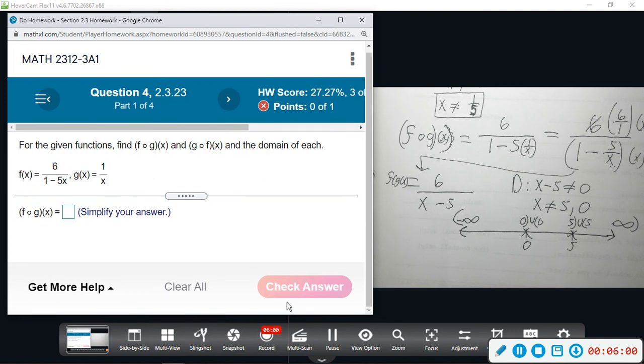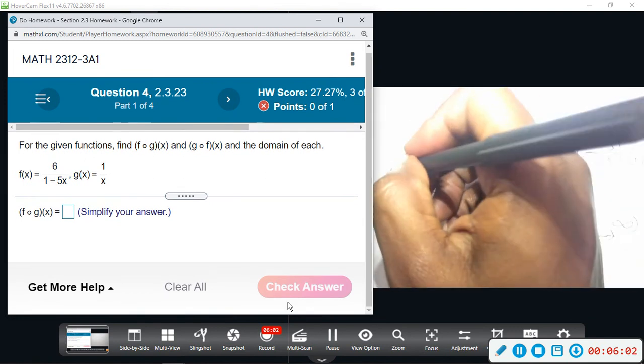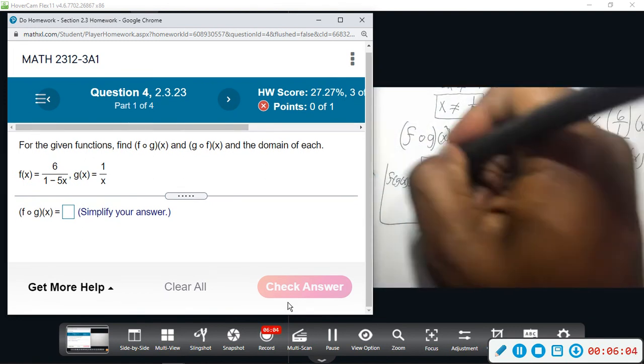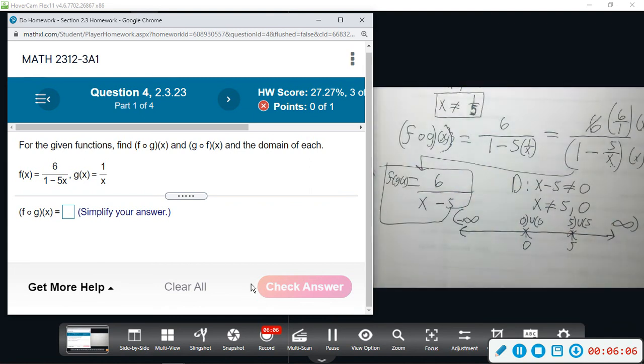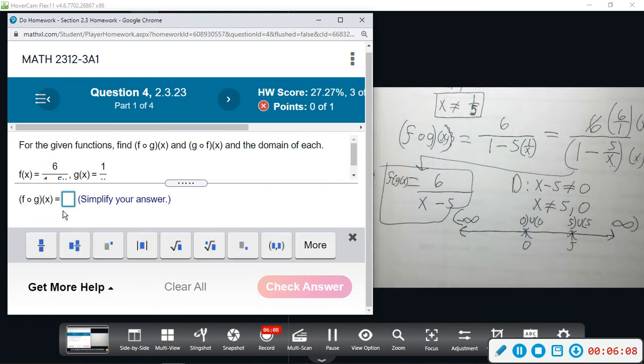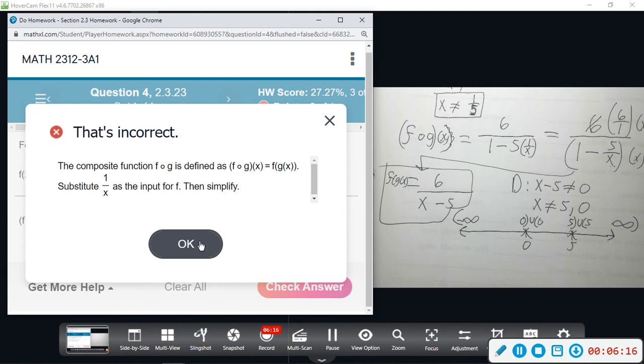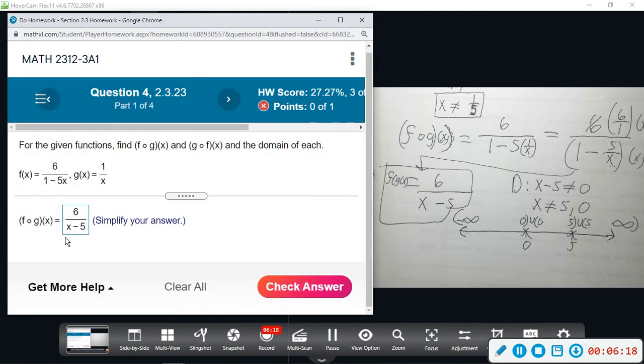So first, our function is f of g of x right here. I'm going to do 6 divided by x minus 5. Make sure we're looking at this correctly. 6x. I don't know why I didn't write my x down.